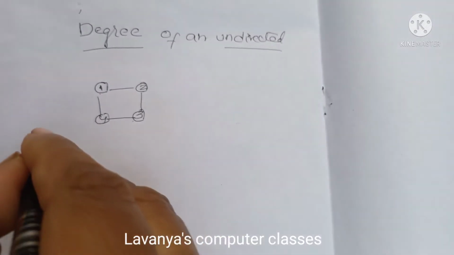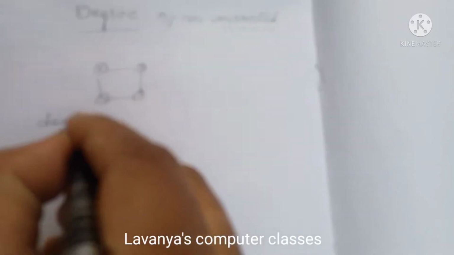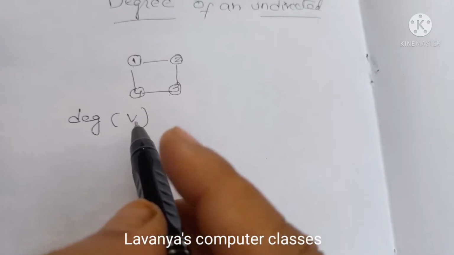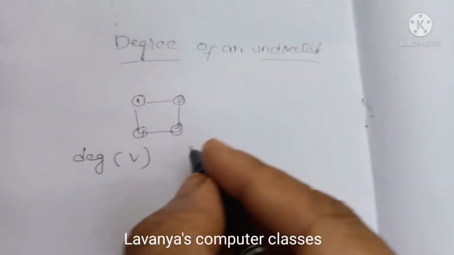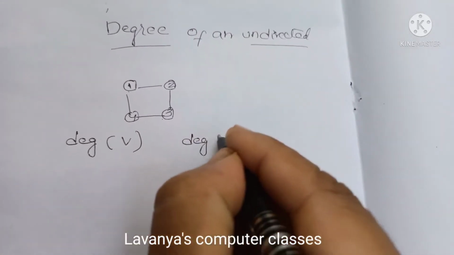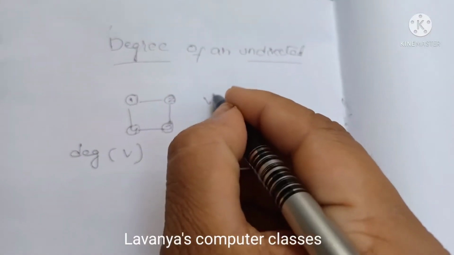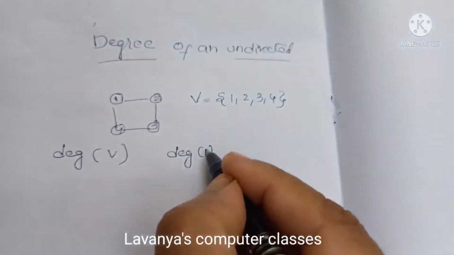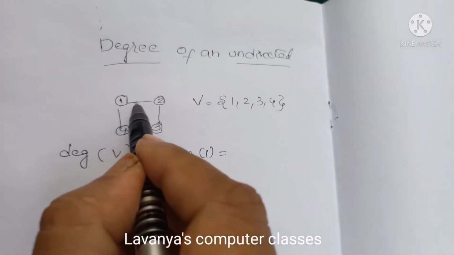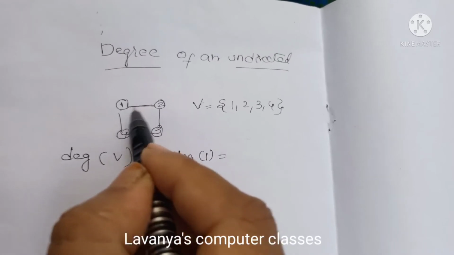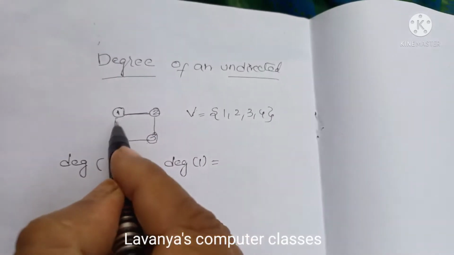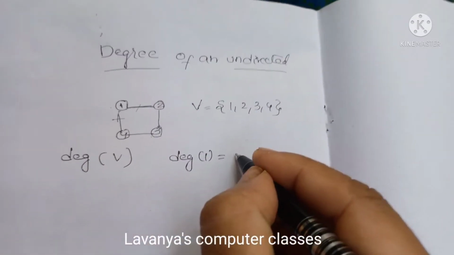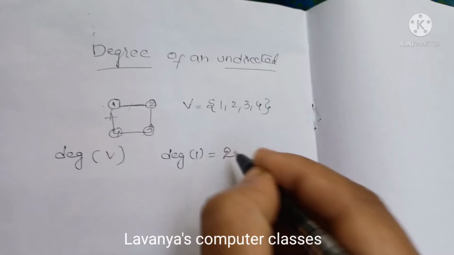The degree of a vertex is represented with DEG, DEG of V. Here the vertex set is V equal to 1, 2, 3, 4. Degree of 1 means how many edges are incident on the vertex 1. Two edges are coming to vertex 1, so the degree of 1 is equal to 2.